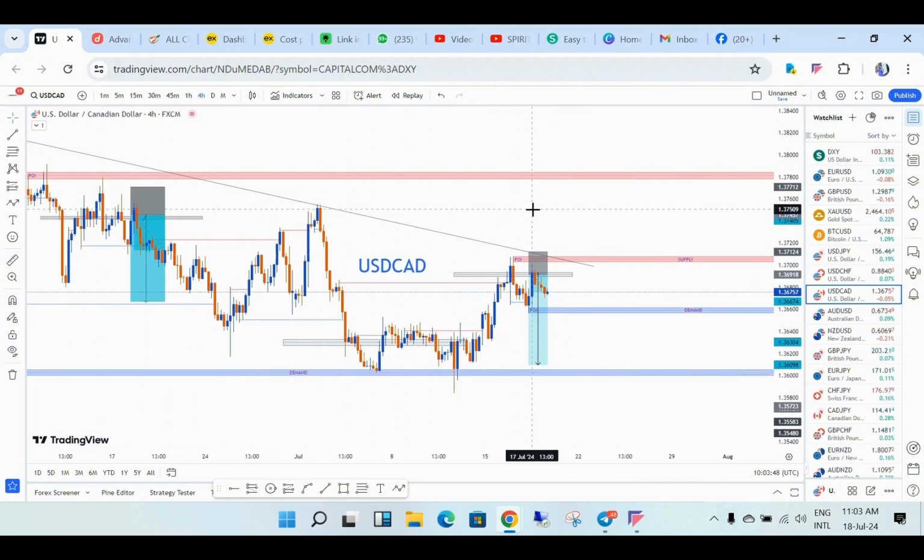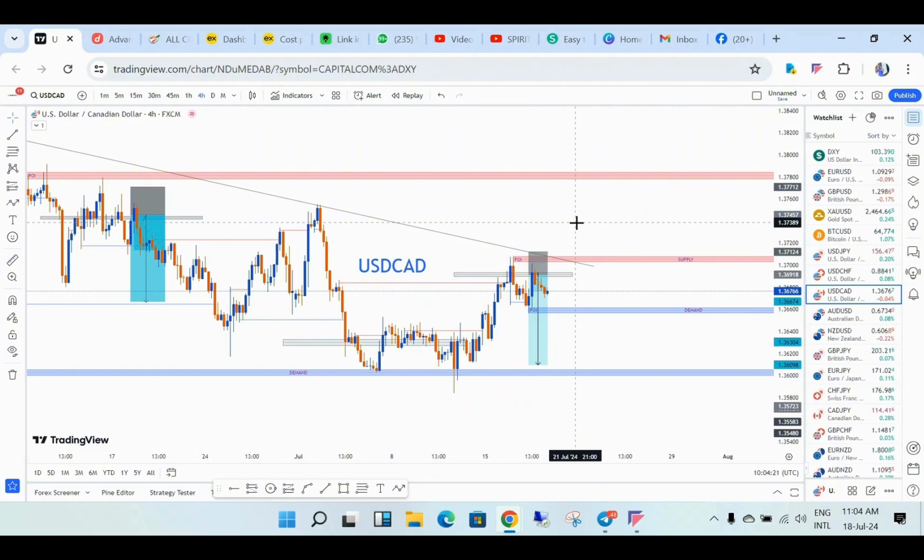So now I'll be looking for a supply zone because it is a downtrend. All right. It is a downtrend. So I am going to look for a supply zone, which is the POI, point of interest. Simple, oh, simple. First thing, trend on a 4 hour. Second, detecting a demand or a supply zone. Since it's a downtrend, we are looking for a supply zone.